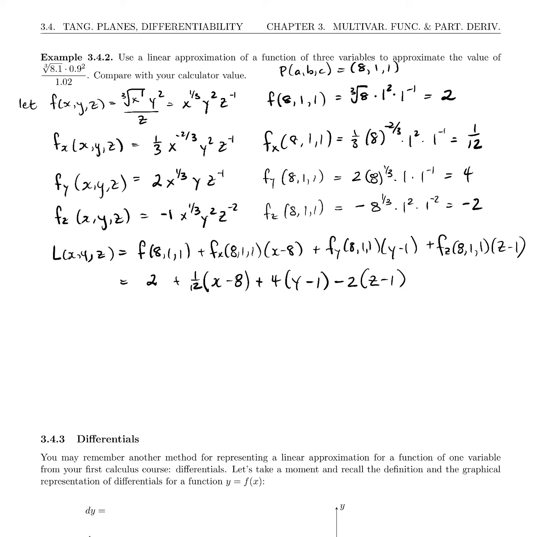And so the idea is that this linear function is a good approximation for this nonlinear function at points that are close to P. So we want to approximate f of 8.1, 0.9, and 1.02.